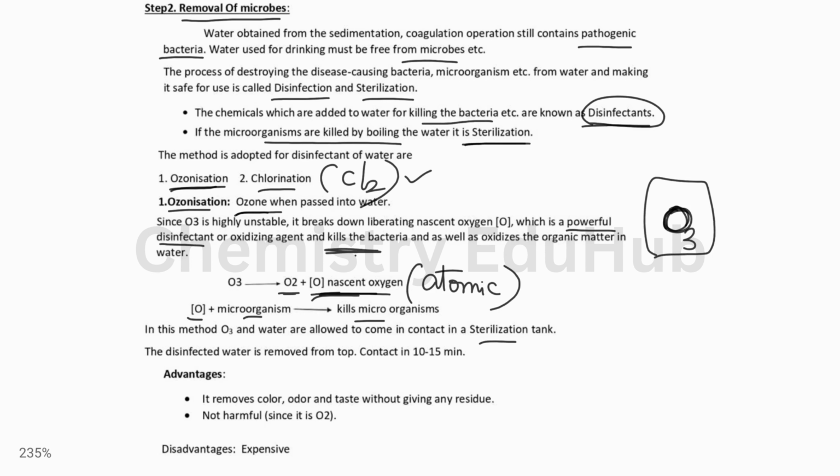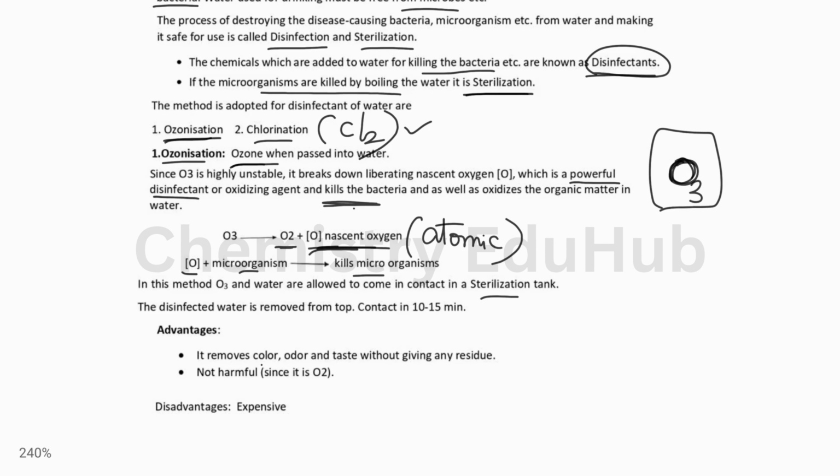So what is the advantage? It removes all the color, odor and taste without forming any kind of residue. But the only problem with ozonization is that it is expensive, because dealing with nascent oxygen or atomic oxygen is highly risky, highly difficult, because it is atomic oxygen and highly unstable.